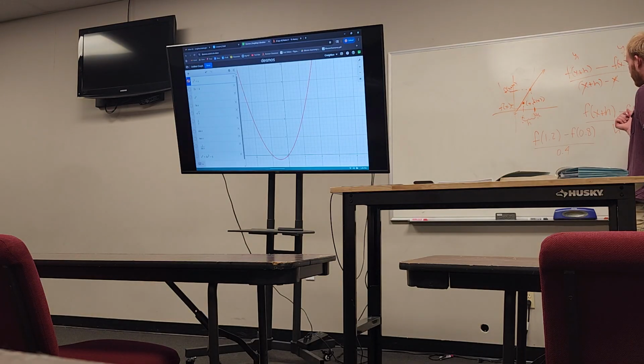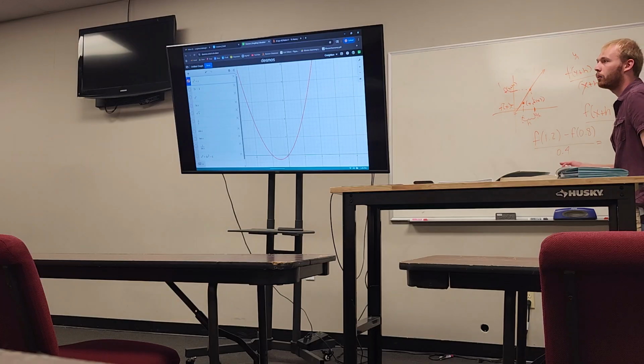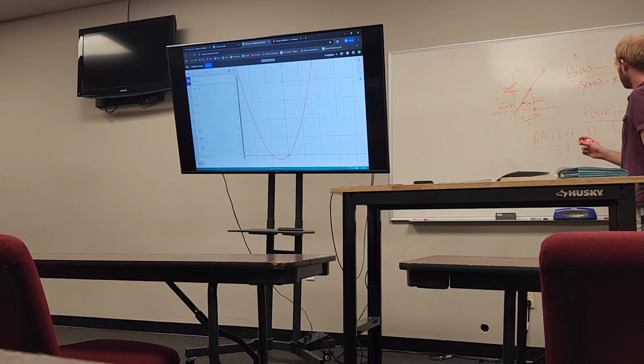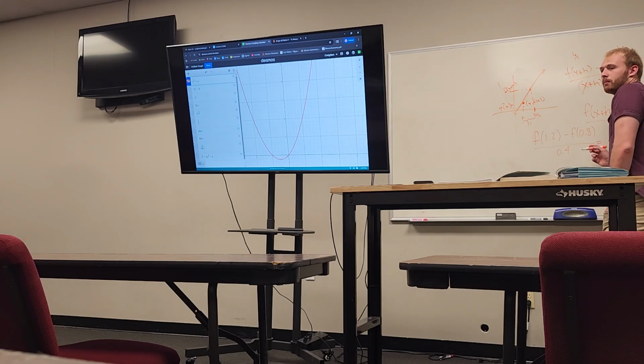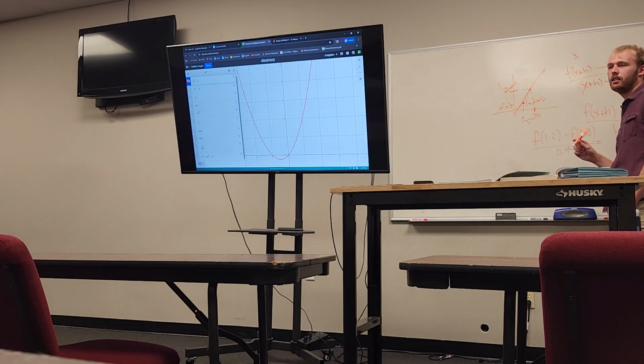What does this make? What's the slope of this secant line? Should be 3, I think. Yeah, that's right.